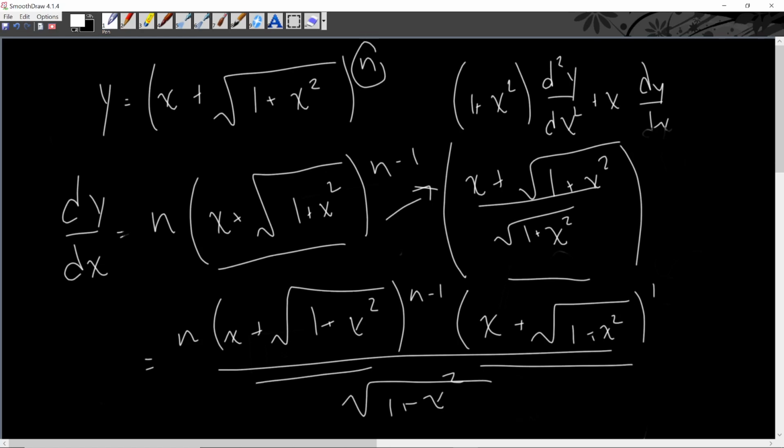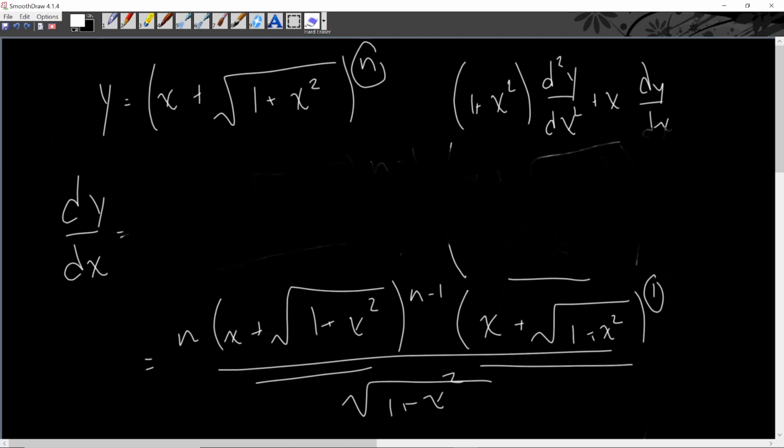And these two have the same base. So when you multiply two exponents with the same base, you simply add those exponents, right? These are our original exponent rules. But yeah, x plus the square root of 1 plus x squared is the same thing as x plus the square root of 1 plus x squared to the power of 1. So since these are both the same base, we can actually add those exponents together. N minus 1 plus 1, that'll be n plus 0, so n.